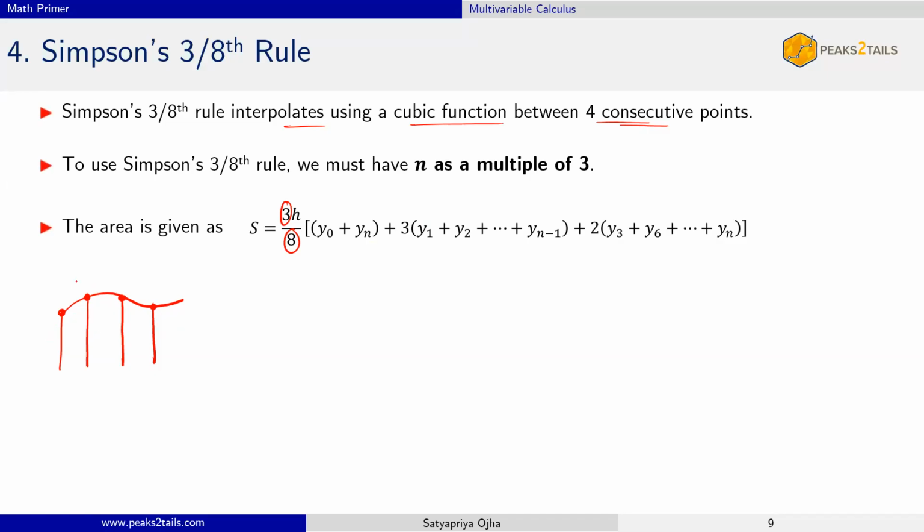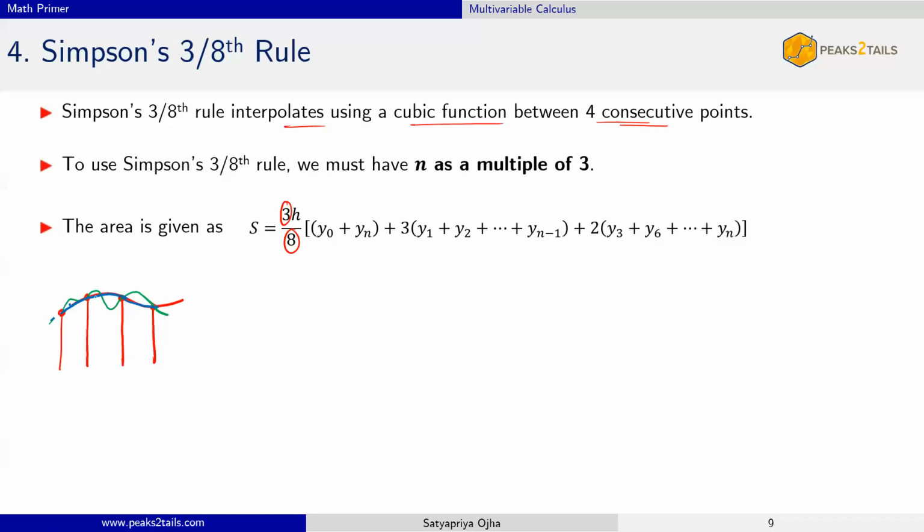The real function might be doing something more dramatic, right? It could be doing something like this. I'm just saying. But the algorithm will try to fit a cubic function passing through these 4 points.